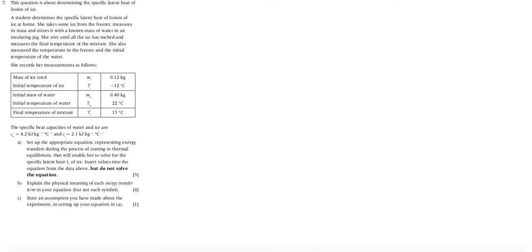One substance loses energy, another takes it. So we have Q lost by water is the same as Q taken by ice. But this Q taken by ice can be split into 3 parts.